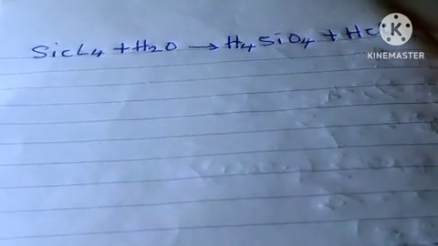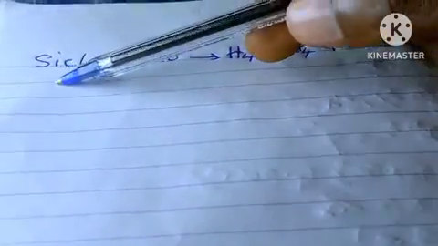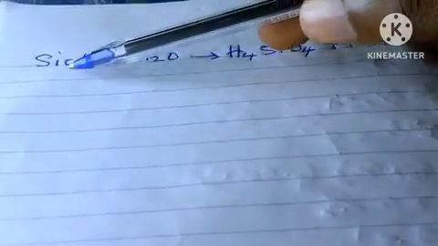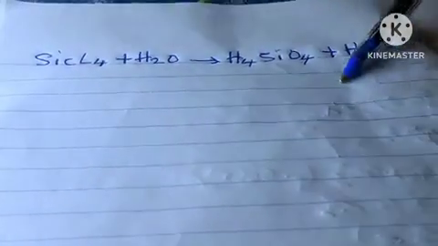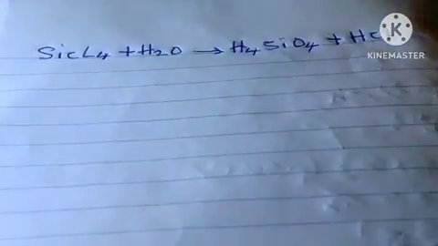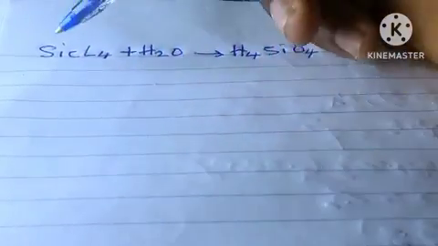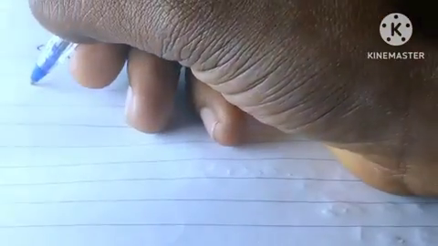So I said before you start balancing any chemical equation, you should write out all the elements at your left side. Also write out all the elements at your right side. Okay, so let's write out the elements at our left side. Si is the symbol of silicon. Let's write it out.